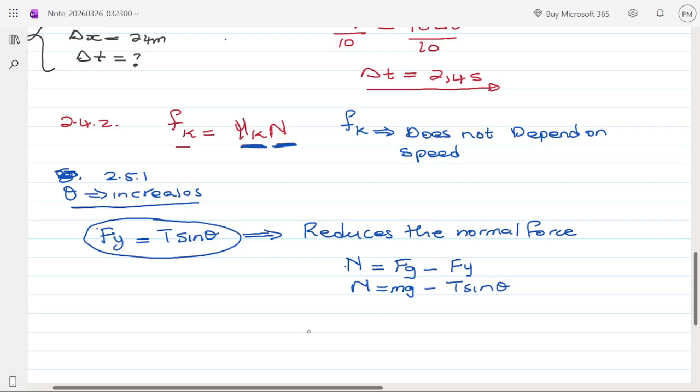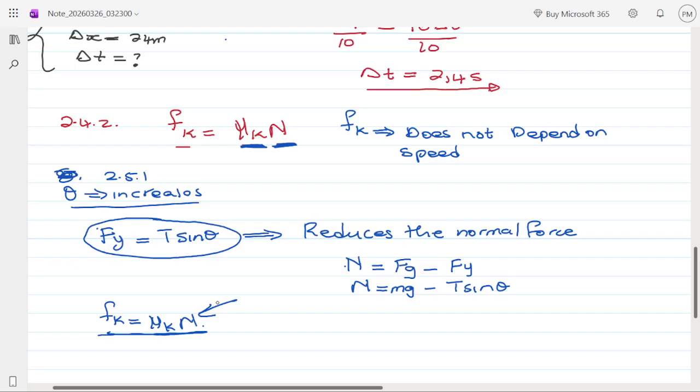So the formula for Fk is Uk times the normal force. Now look at this. We are increasing the angle, and this is the formula that we use to calculate the frictional force. So what happens to the normal force?